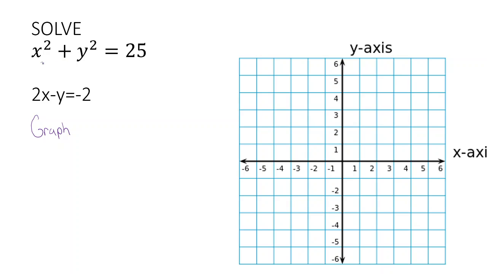So this first equation here, I hope that maybe you could recognize this as a circle. It's (x minus h) squared plus (y minus k) squared equals r squared. And so that should sit there and go, oh, this is a circle. And maybe you're wondering, how do I know if it's a circle versus an ellipse? Well, in an ellipse, the coefficients of x and y will be different, whereas in the circle, they will be the same.